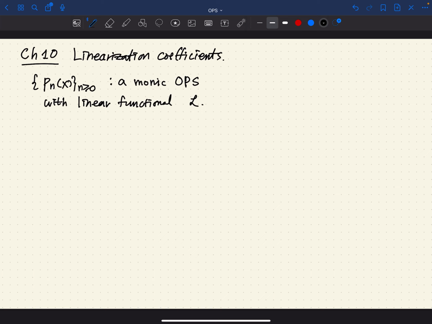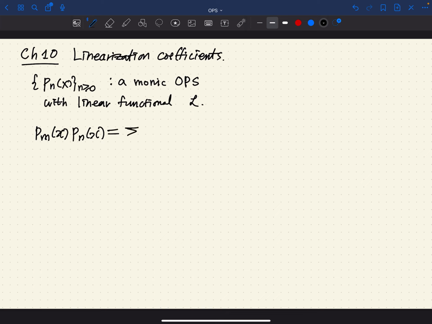basis of the polynomial space, but we have polynomials, so we can multiply two polynomials. So we can multiply say p_m(x) and p_n(x). In the orthogonal polynomial sequence, we can just choose two polynomials and then multiply them. It's a polynomial, of course, so we should be able to express this as a linear combination of the polynomials themselves.